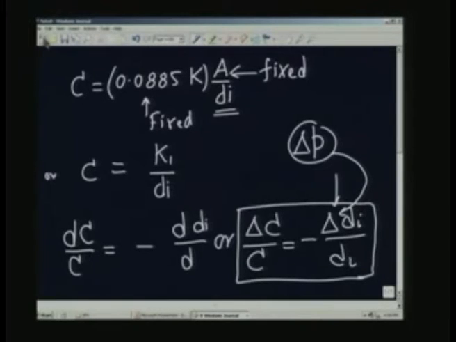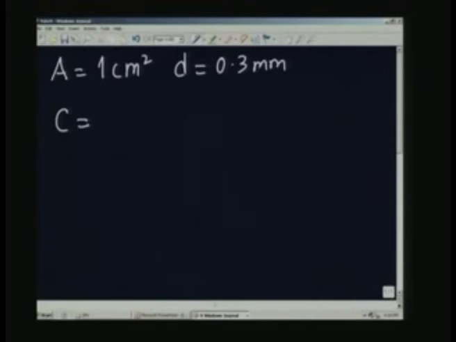Let us look at a few typical numbers. If I take a simple example, if A equal to 1 square centimeter, and let me take D as 0.3 millimeters. I said we are going to have very small distance between the two plates. In fact, I can calculate the value of C, which is given by 0.0885.